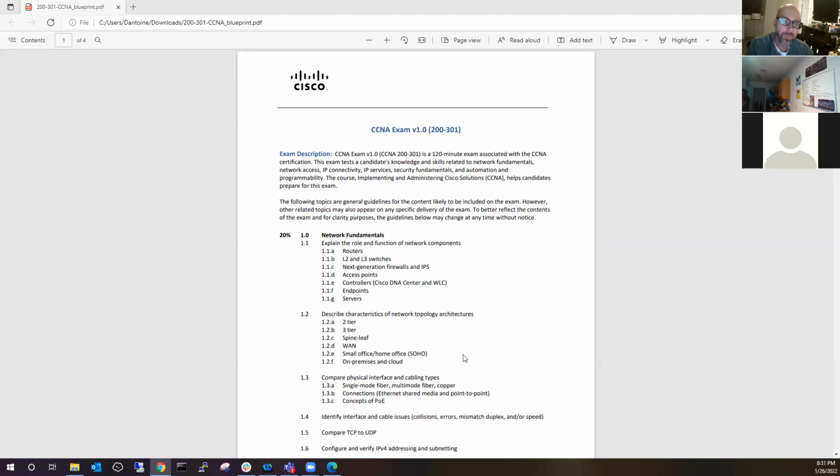I'm going to assume the CCNA isn't going to go too much deeper after that. But IPS will detect and take action based on the signature. Yeah, they're in line is the phrase I see a lot.